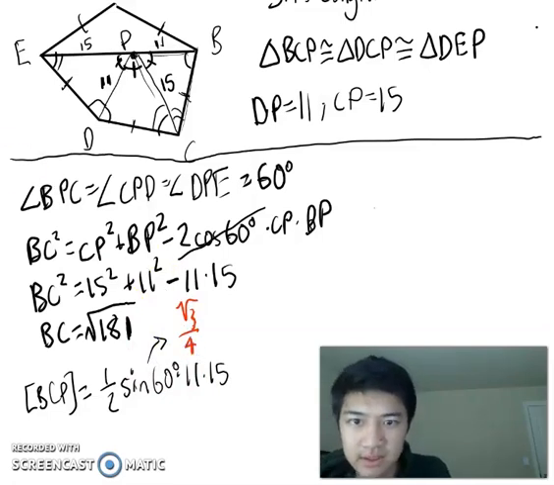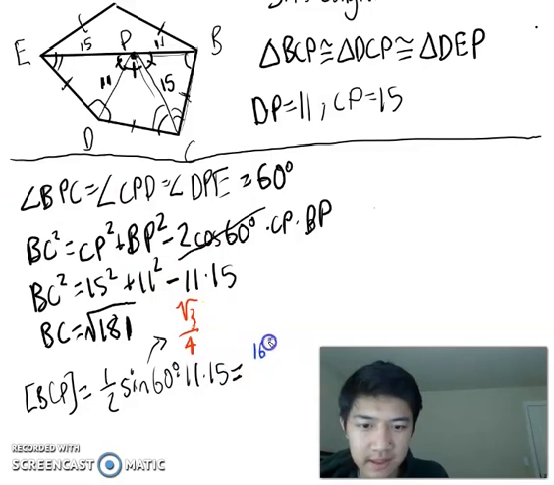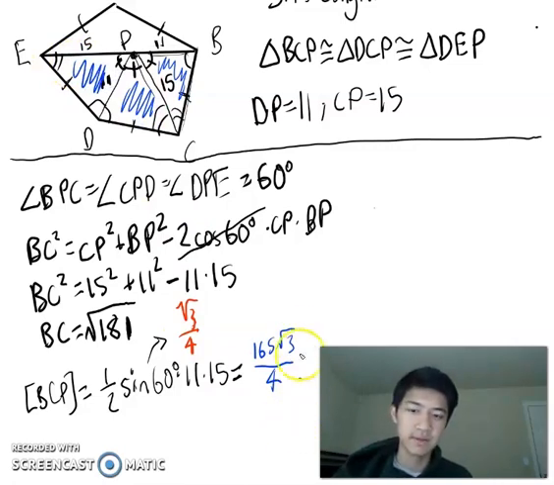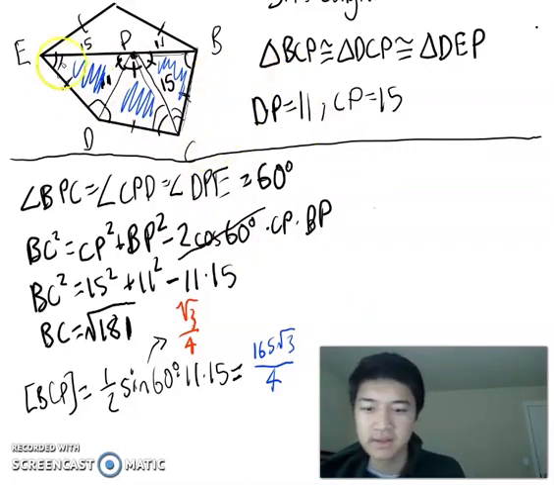And as a result, we should get that this is equal to 165 root 3 over 4. And so all three of these areas have 165 root 3 over 4 area. So all the bottom triangles are congruent, and that's why they all have the same area.